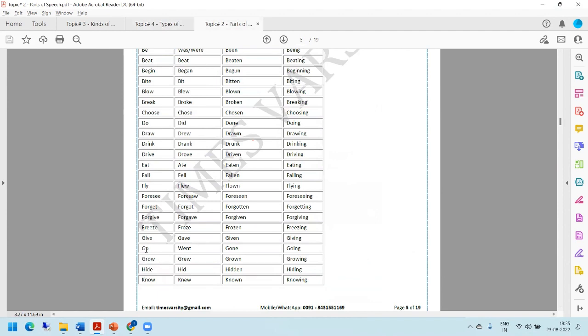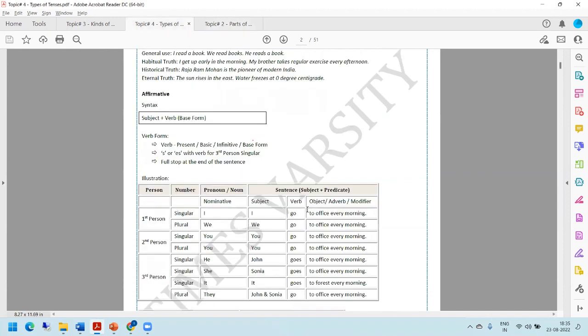Go is the first form, went the second form, gone the third form, and going the ing form. Which form is being used here? Go, the first form. The sentence is composed of subject and predicate. Here I is the subject, then the verb and other things are part of the predicate.